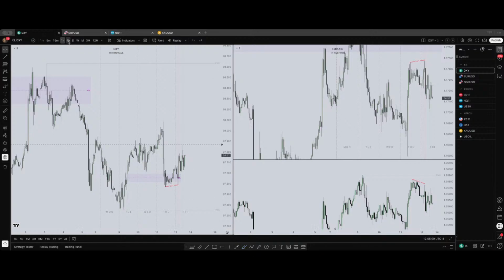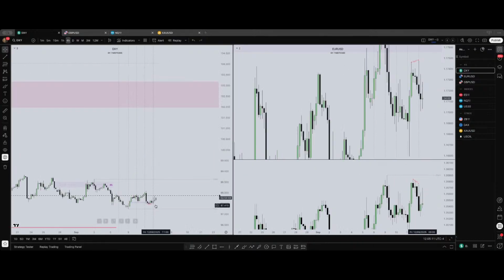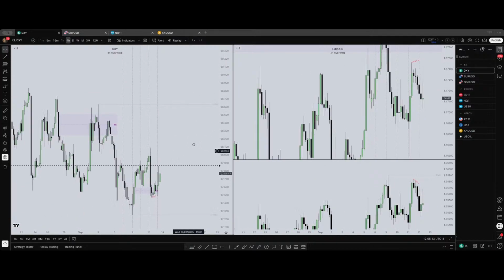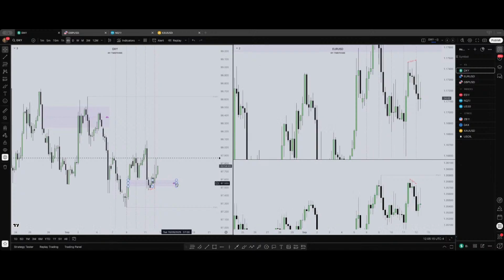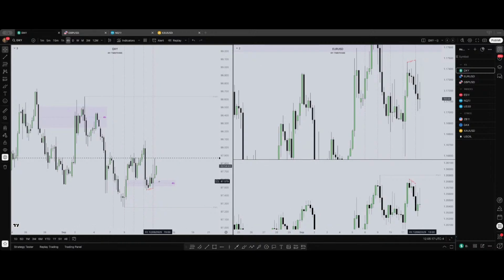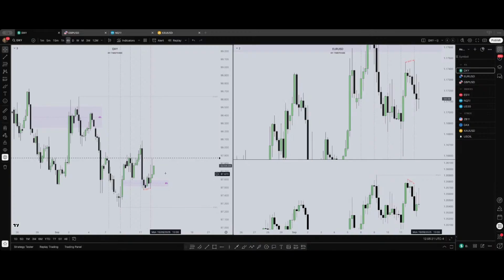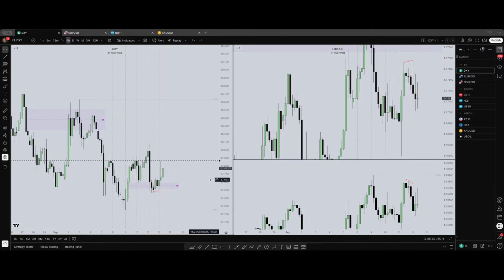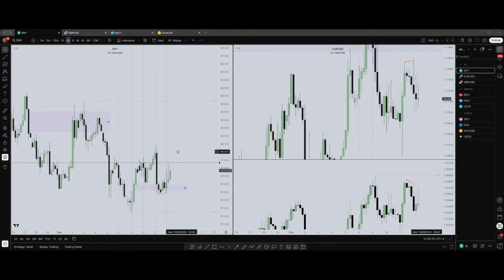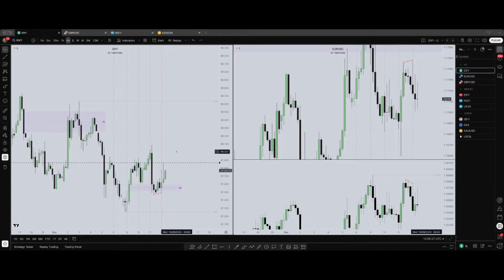See how beautifully the 4-hour fair value gap held the price. This is information the algo is giving us, so we can understand the price narrative.